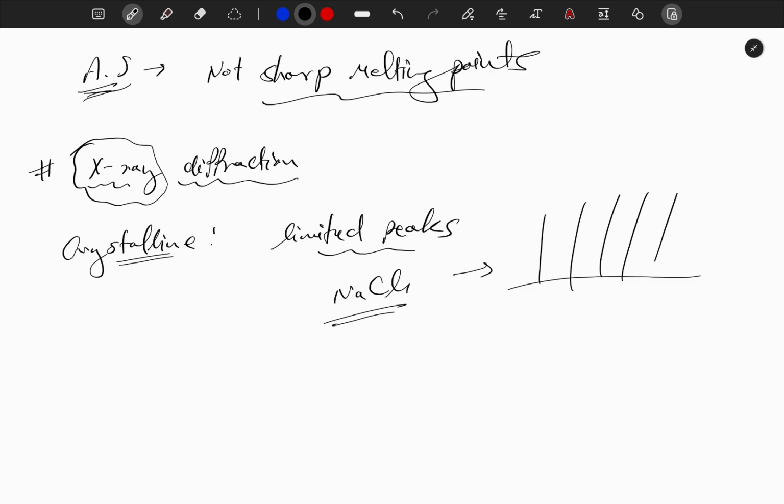If we see different peaks, then I can say that it is not NaCl but a different material. So with X-ray diffraction we can see the internal structure, and we can also recognize the material of which the solid is made.